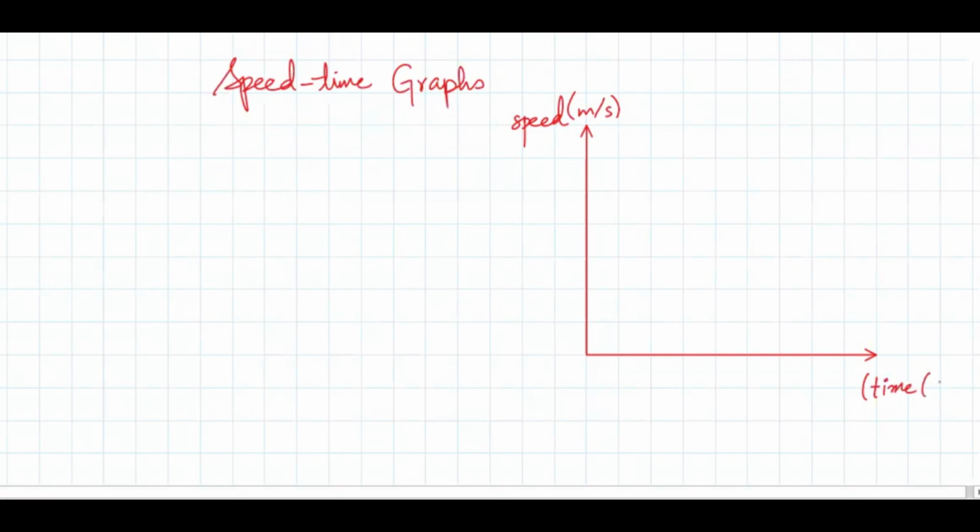And on the x-axis, again, you're going to have time. The graph could be of a shape like this.